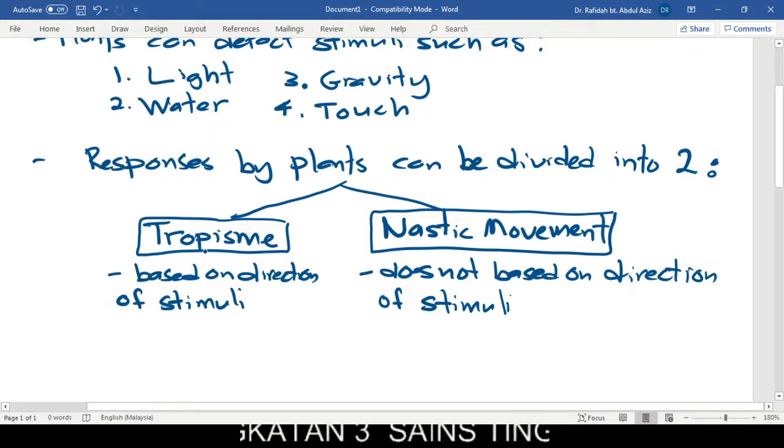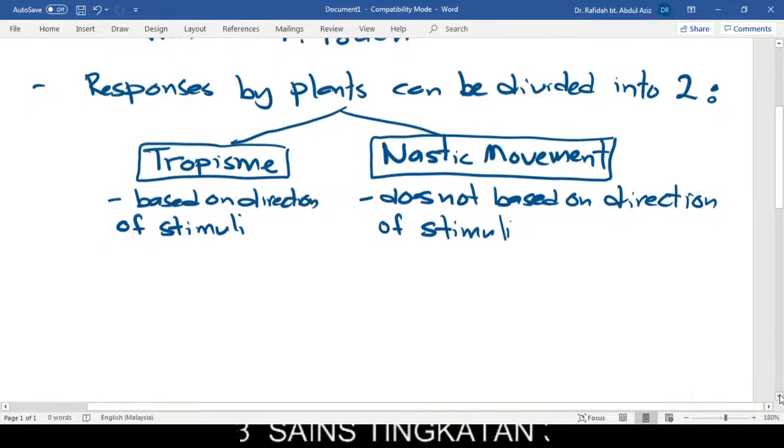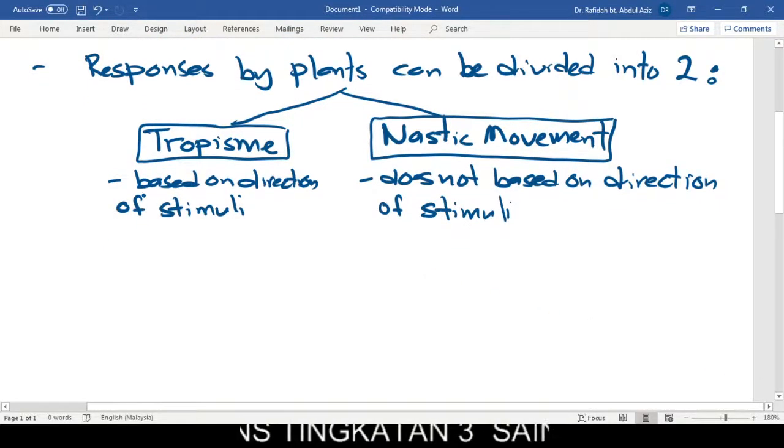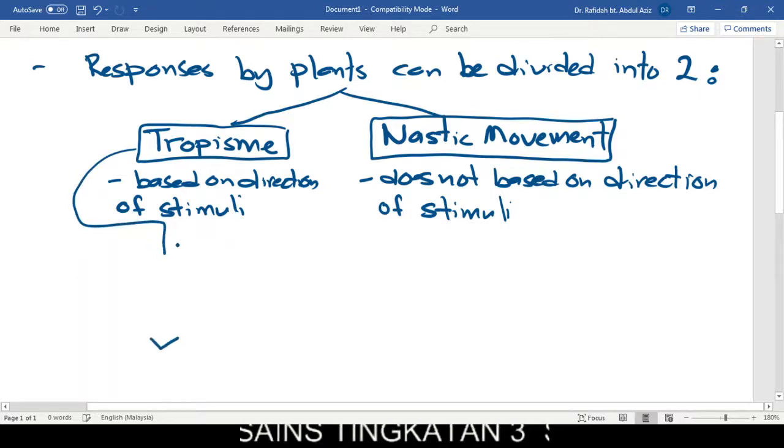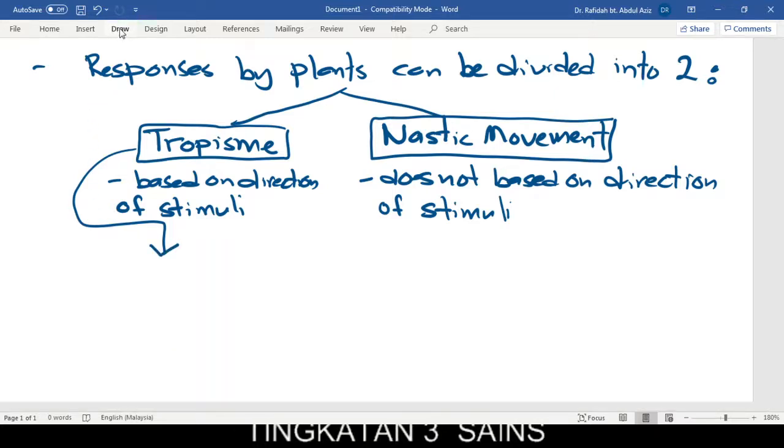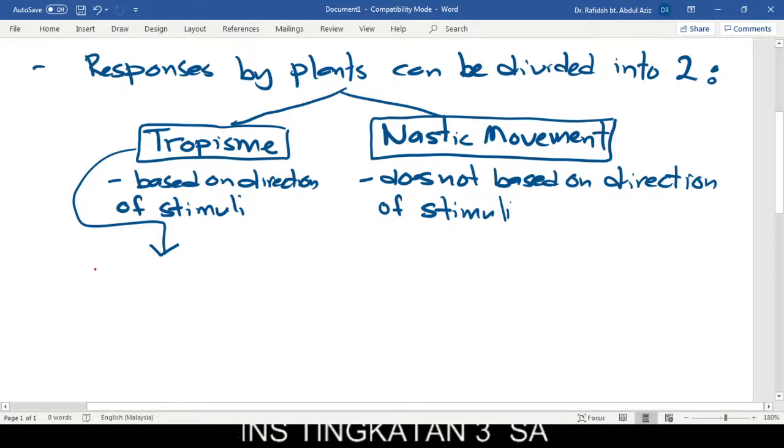Okay, now we will discuss every one of these two responses. All this is based on the type of stimuli. So in tropism, we have names for these responses.